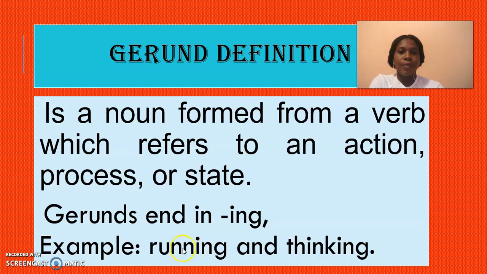Example, running and thinking. Our verb is run and we add ing, running. We have to look at this verb as a noun. And thinking, okay, our verb here is think plus ing, thinking. Good.